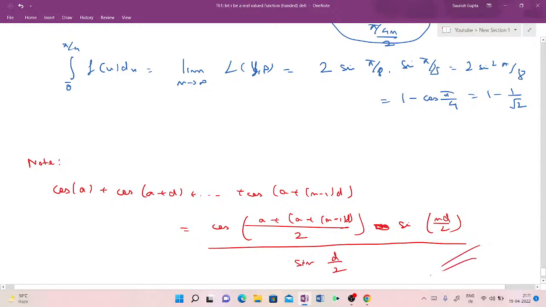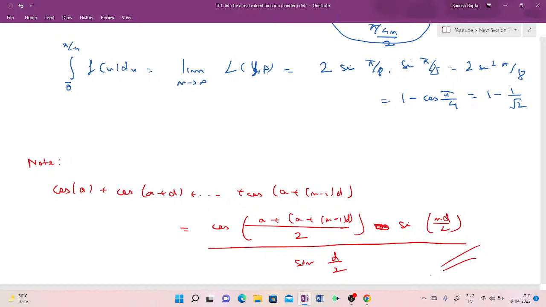So use this formula to find the UFP, and what you will get as a result is that your upper integral won't equal the lower integral. Your upper integral most probably will come out to be 1 over root 2. So they are not going to be equal.